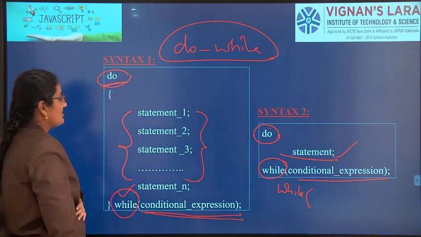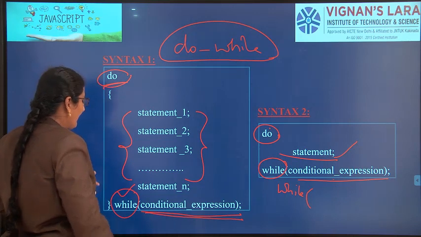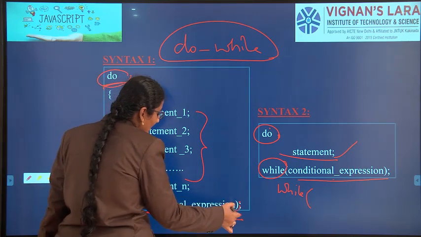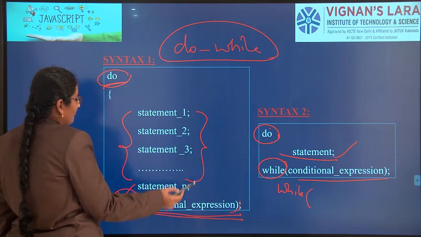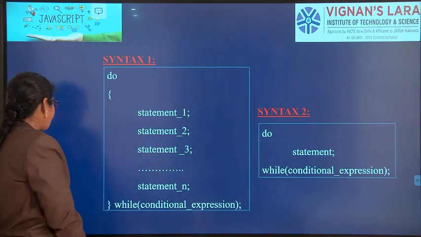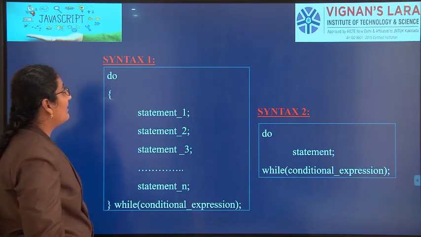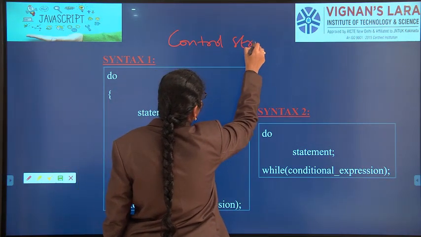Do while is also a simple one. You have three loops, for loop, while loop and do while loop. What is important here is that you will have a semicolon after while. So when you are checking the while condition, perform these statements. So let us see some examples. What we have done till now, we have learned about control structures.